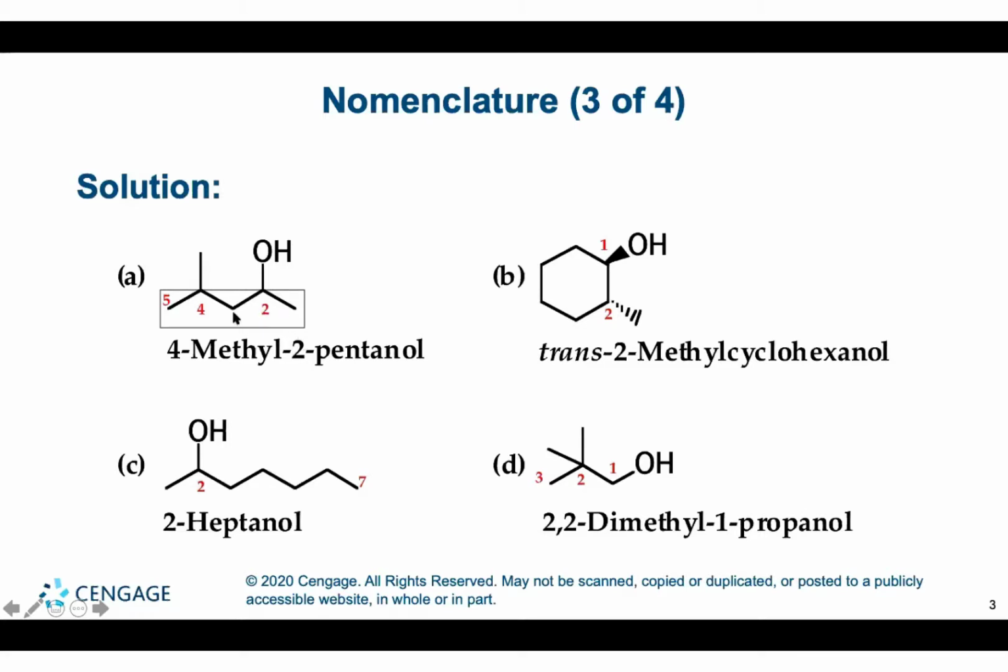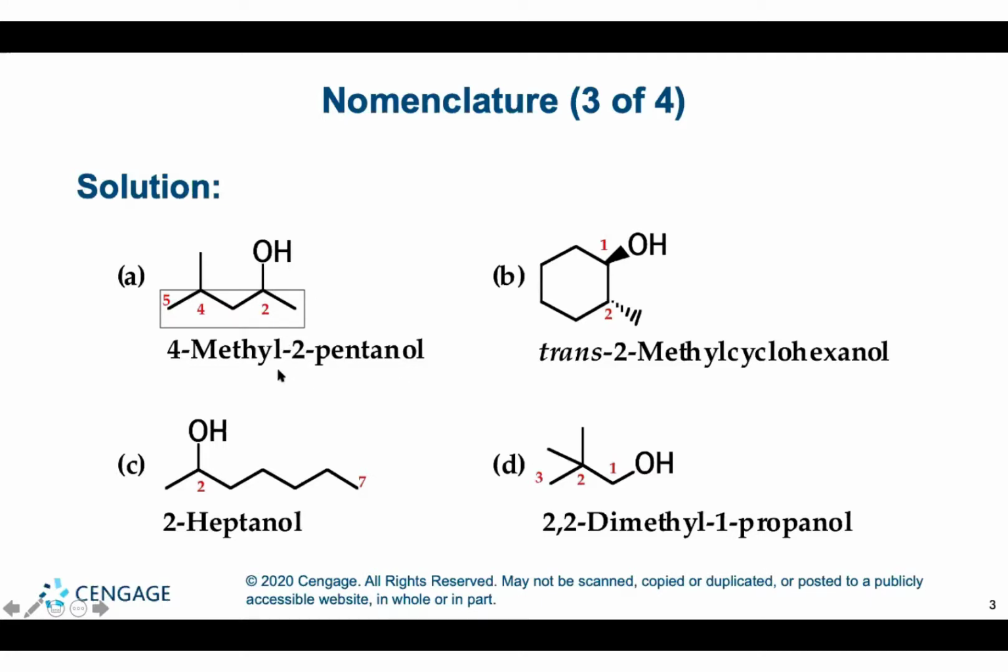1, 2, 3, 4, 5. Then when we want to write them down, we should make sure to follow alphabetical order. So it's going to be 4-methyl, because on carbon 4 I have a methyl group or a branch. Then on carbon 2, I have the alcohol group. So it's going to be 2-pentanol.